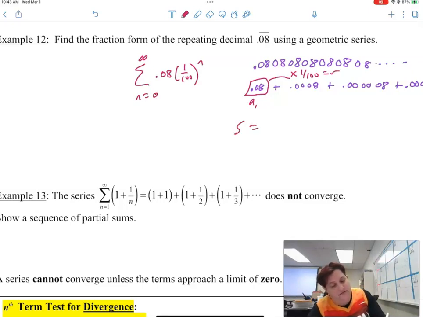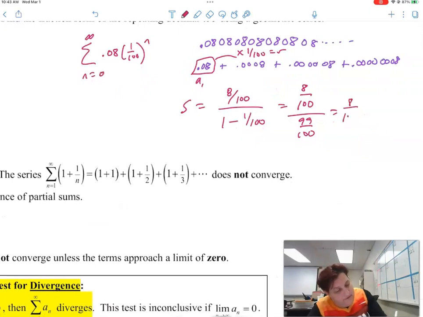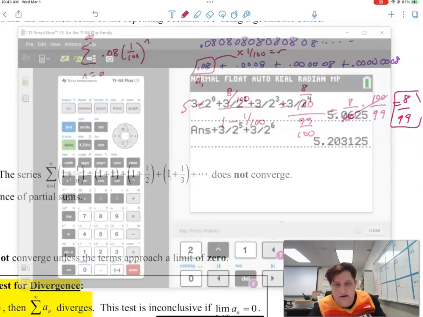So the sum of all of that is a1, which is 0.08. It's going to be easier for me to do this by hand, so that's 8/100ths. And then it's 1 minus r, which is 1/100th. So it's 8/100ths divided by 99/100ths. And when I do a fraction divided by another fraction, I multiply by the reciprocal. So it's 8/99.